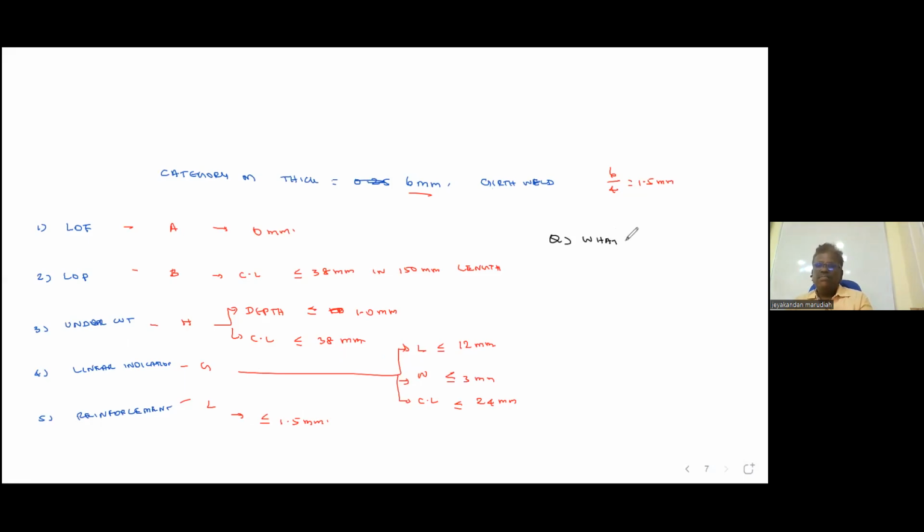What is the maximum undercut depth and reinforcement allowed for category D girth weld of 3 mm thickness?